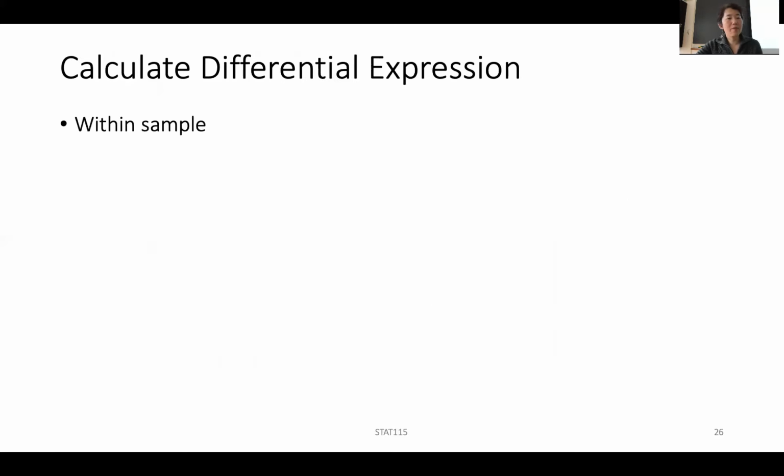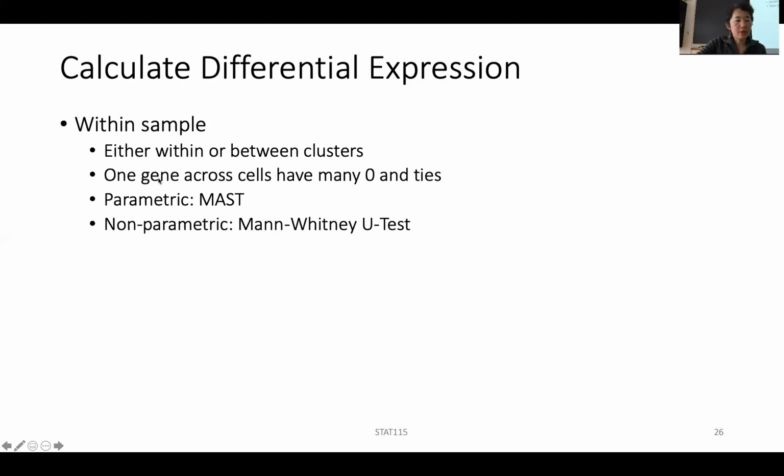Okay, so basically, when you calculate differential expression within the sample, you are really comparing different clusters or subclusters, right? So it's either within or between clusters.